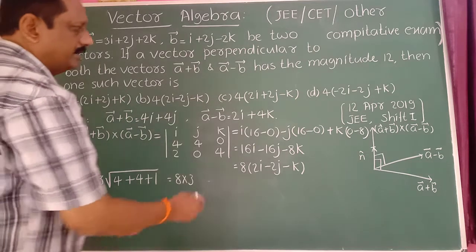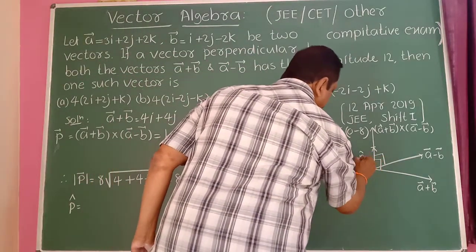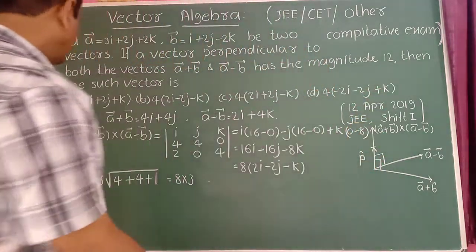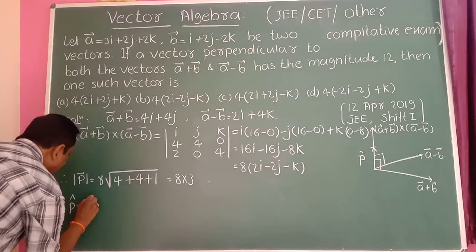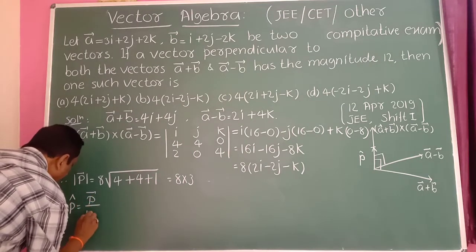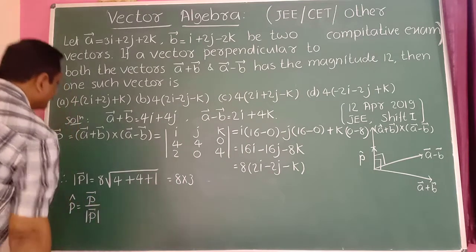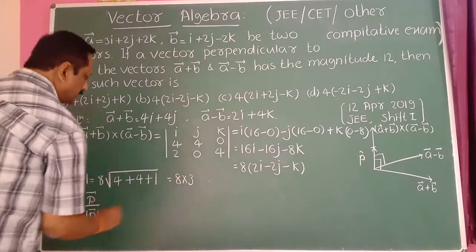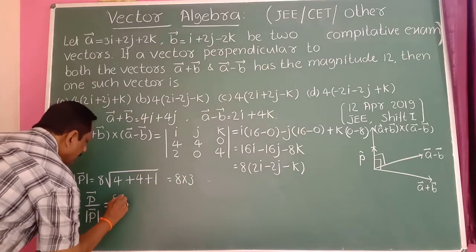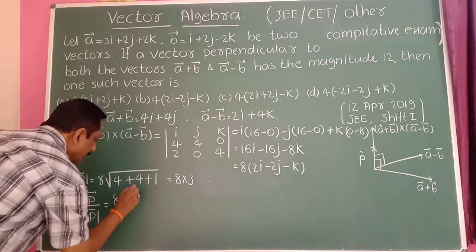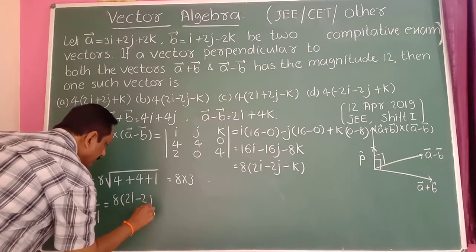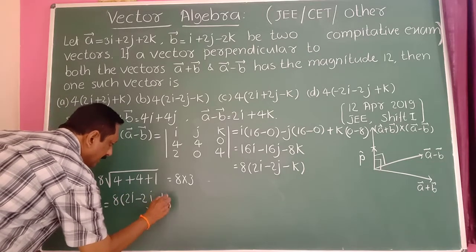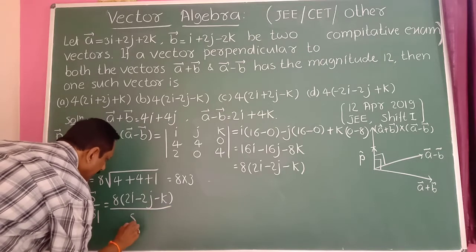Therefore find its unit vector here, p cap. So p cap is equal to what here? p bar divided by the modulus of p bar. p bar is this vector, so 8 into 2i minus 2j minus k divided by 8 into 3.